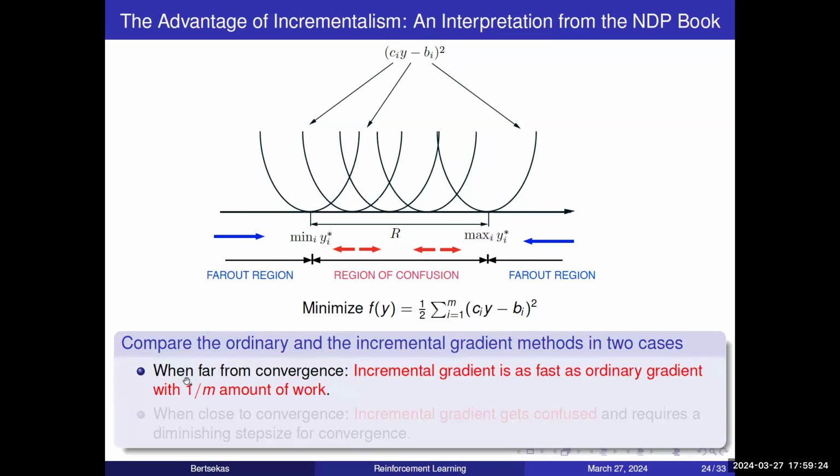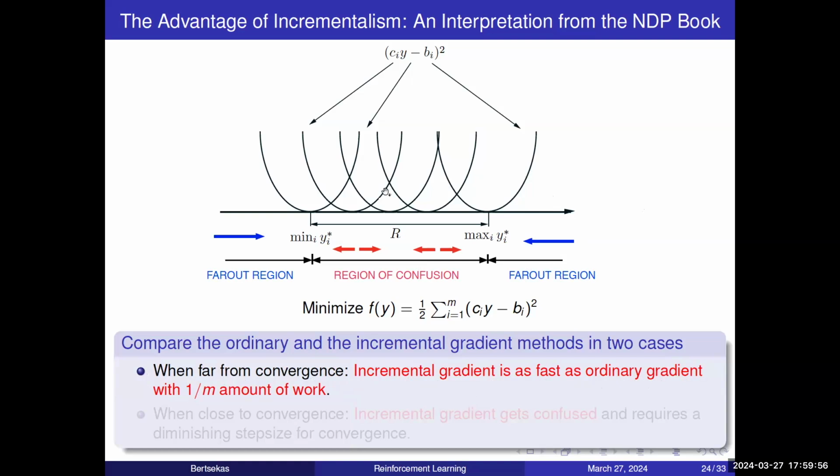So when far from convergence, which is somewhere here in the far out region, the incremental gradient is as fast as ordinary gradient with 1 over m amount of work. How so? Let's suppose the current yk is somewhere here. Then regardless of the ik you choose to evaluate the gradient, it all points in the same direction.